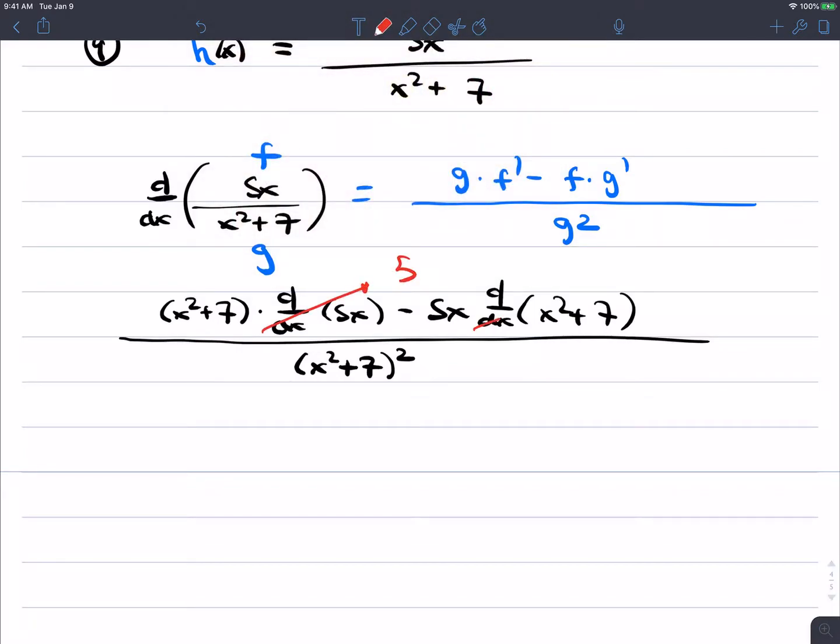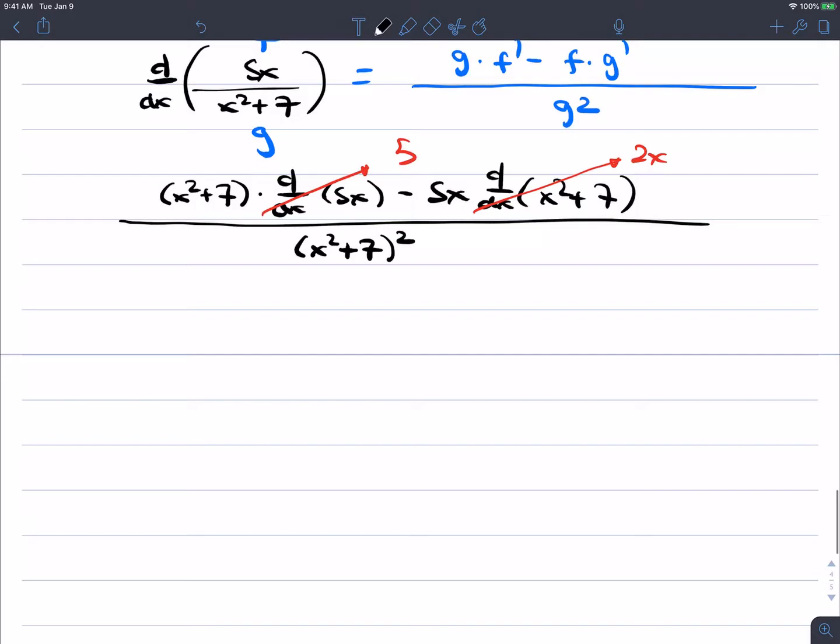This derivative is 5, and this is 2x. x squared plus 7 times 5 minus 5x times 2x, everything over x squared plus 7 squared.